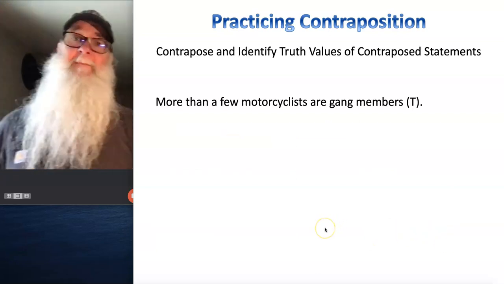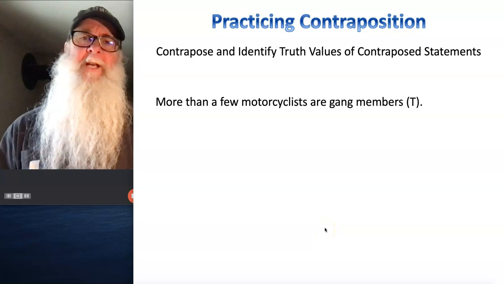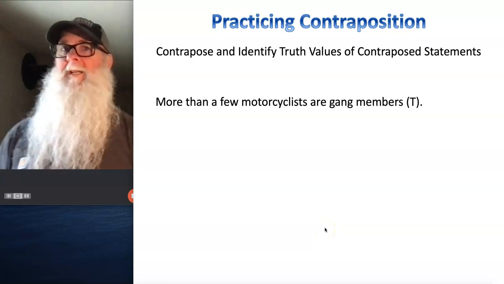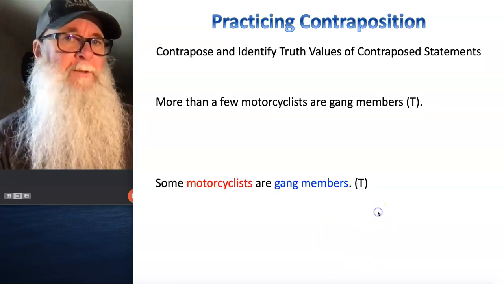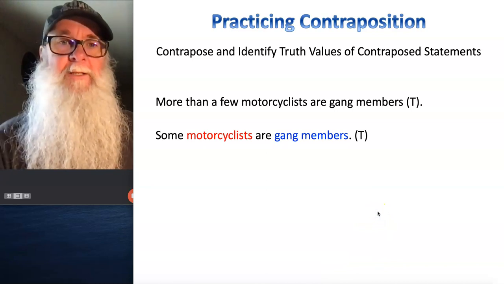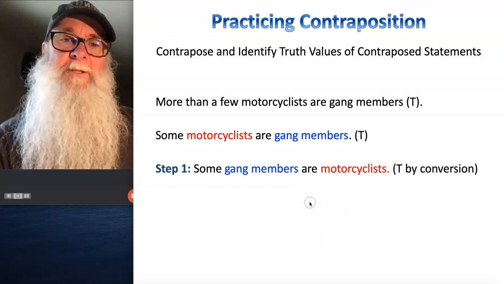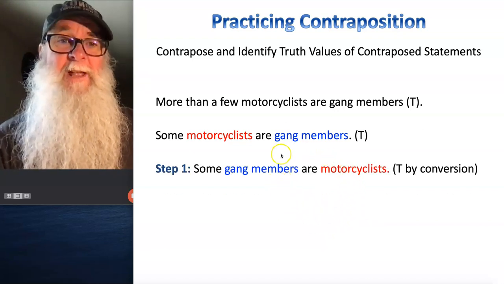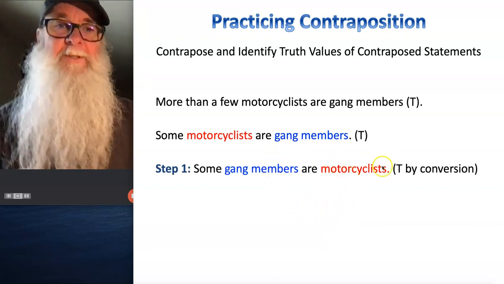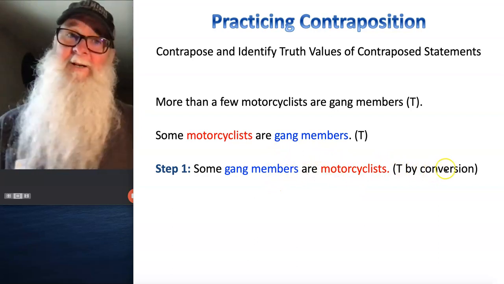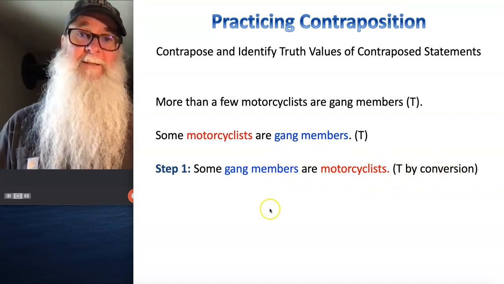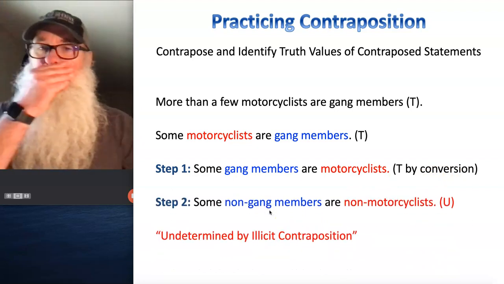Now let's look at your second statement. More than a few motorcyclists are gang members. Boy, doesn't that sound like an I statement? More than a few. Some motorcyclists are gang members. Okay, we're being told that's true. So we apply contraposition to it first by switching the position of the subject and predicate terms. Notice that this statement would be true, but not by contraposition, by conversion, because we're allowed to convert I statements. And then we do step number two.